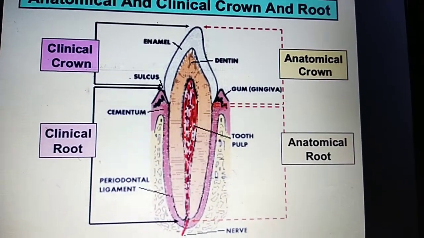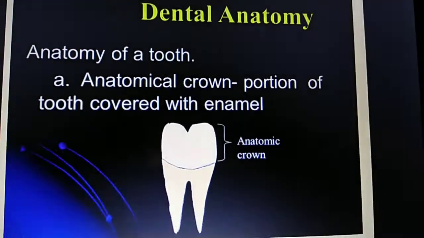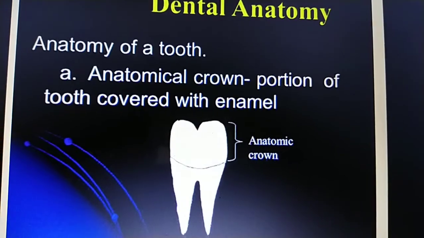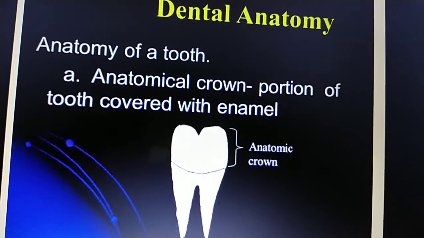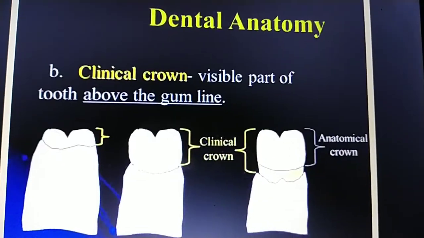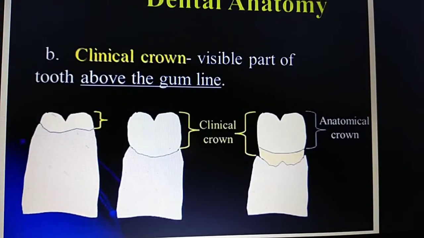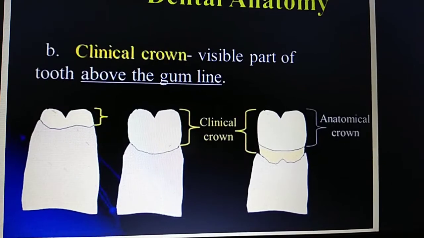You can go for the next slide. Dental anatomy. Anatomy of the root. The anatomical crown is the portion of the tooth covered with enamel. Clinical crown means the visible part of the tooth above the gum line.